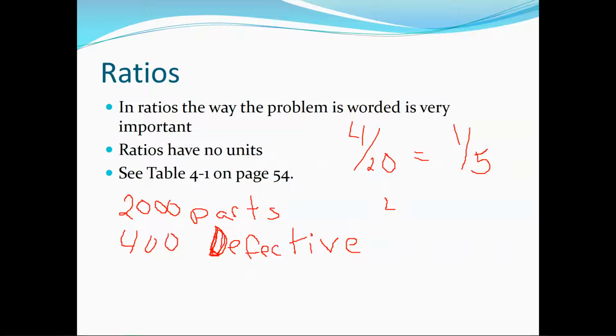We end up with 400 over what should be 1600, but I'm going to just drop off the zeros. We'll say 4 over 16, which is 1 over 4. If I was to express these in a decimal format, then I would put this as 20% and 25%.